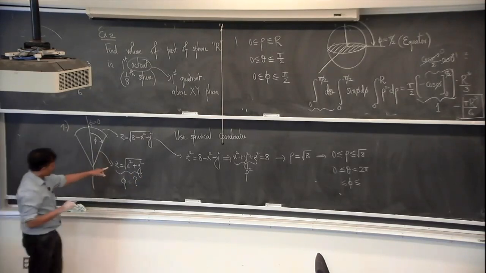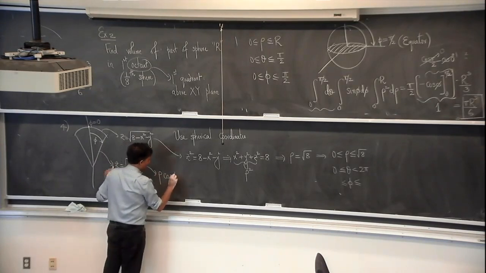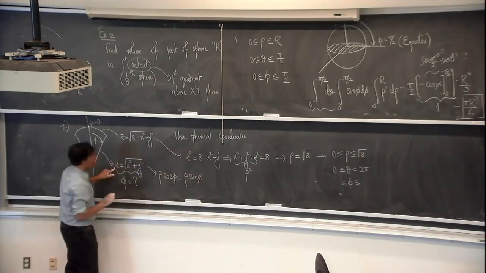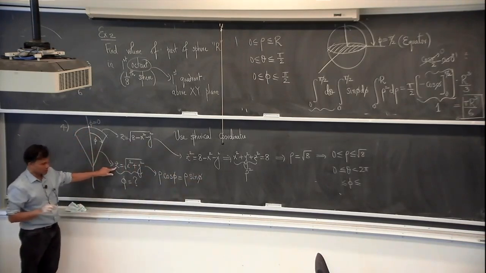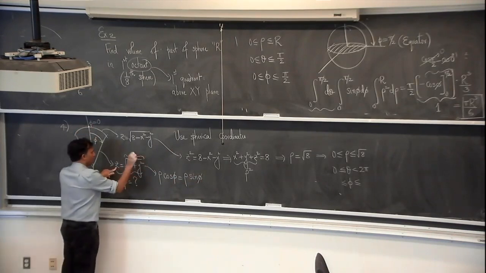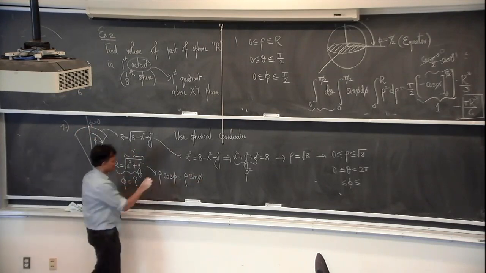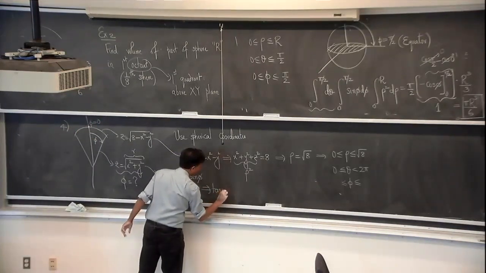When you write this in spherical coordinates, you get rho cosine phi equal to rho sine phi. The z is rho cosine phi. This part is r, and r is rho sine phi. You can cancel the rho on both sides, and you get tangent of phi equal to 1.